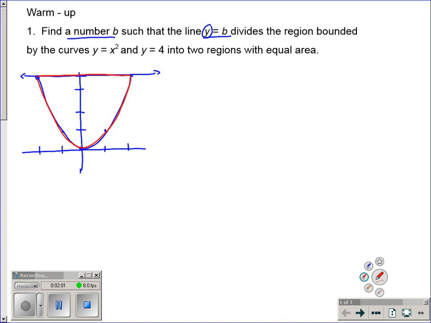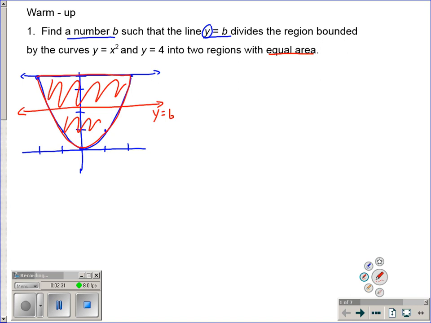I don't know where it's at, but I'm going to try to find some number b such that y equals that divides the region into 2 regions with equal area. So what I mean is, if I let this line, right here, be y equals b, then it's going to partition this area into an equal area up here as it is down here, 2 equal areas.